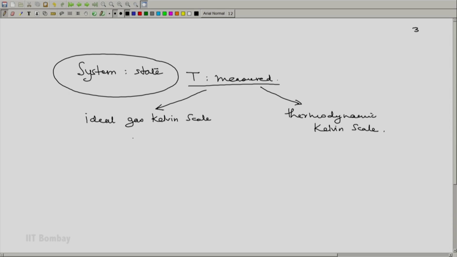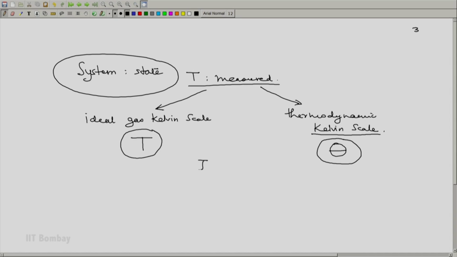Let us say we get the temperature measured to be T here on the ideal gas Kelvin scale, and now instead of calling this T, just to be clear, let me say that the same temperature on the Kelvin scale, let us call it theta.